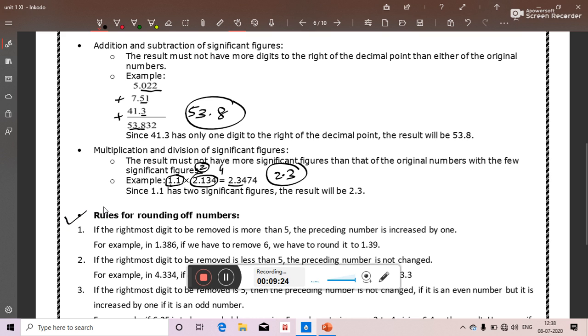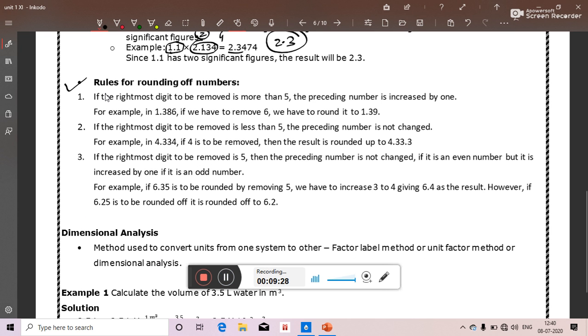Now next is rules for rounding of the numbers. So what is the first rule for rounding of the numbers? If the rightmost digit to be removed is more than 5, the preceding number is increased by 1. For example, in 1.386, the rightmost digit is 6, and that we have to remove. Now 6 is more than 5.